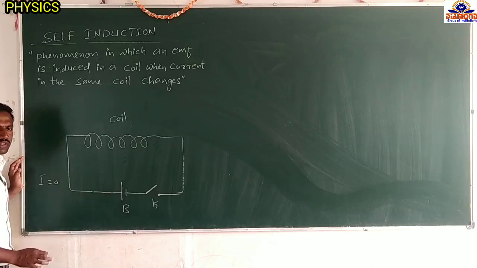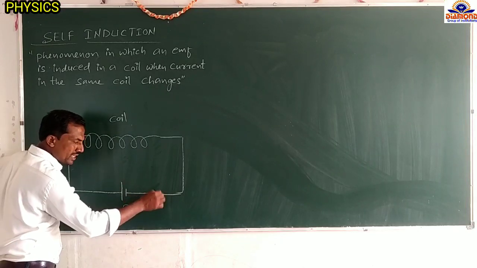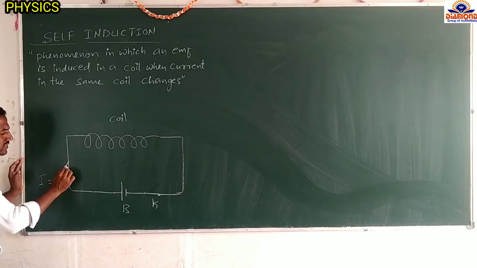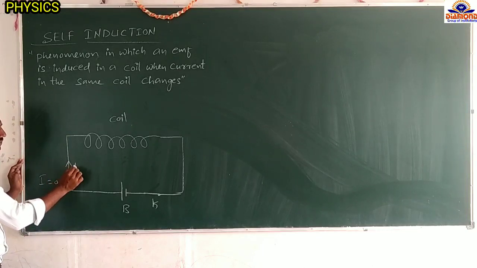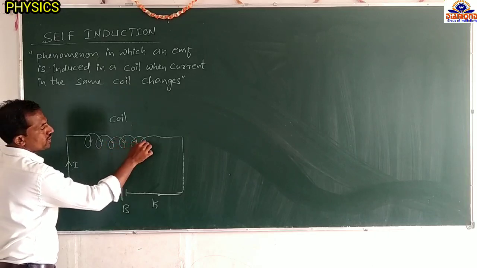Current is 0 means no magnetic field is produced. Now when the key is pressed or closed, then current is flowing in the circuit. This is the direction of current.